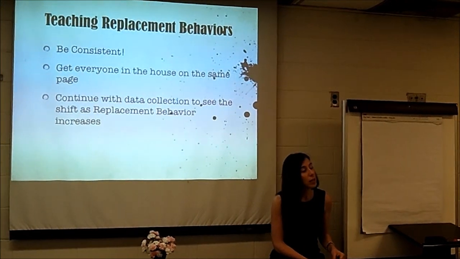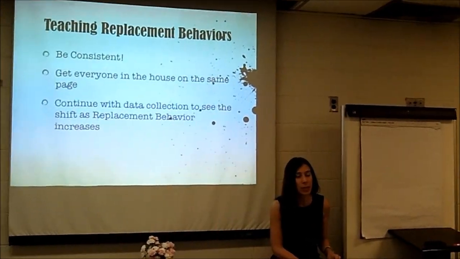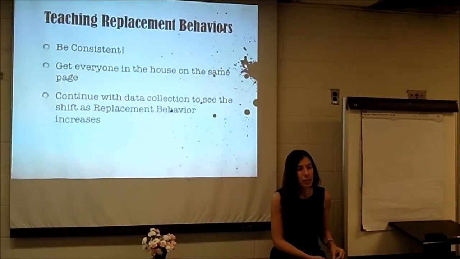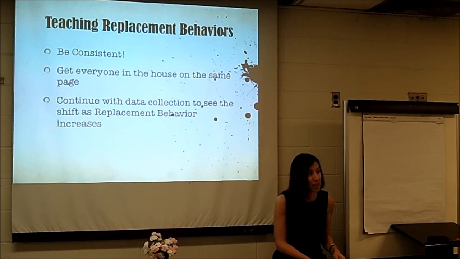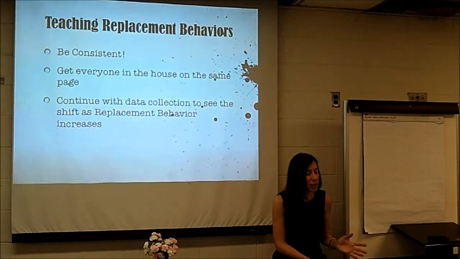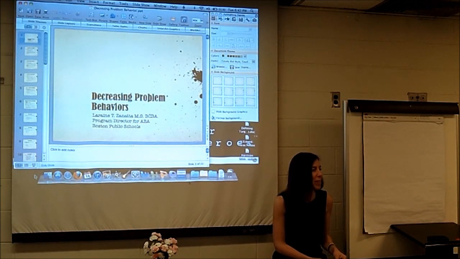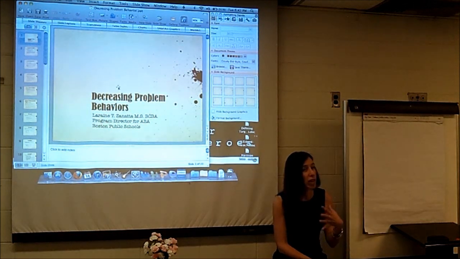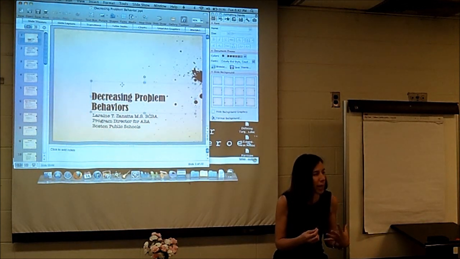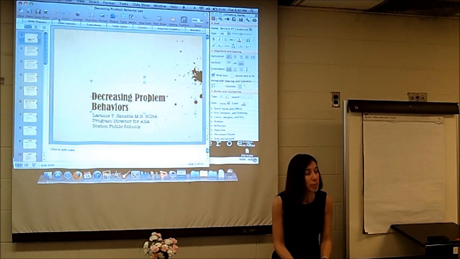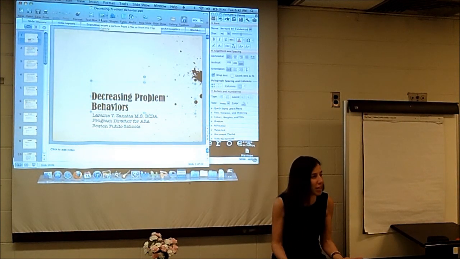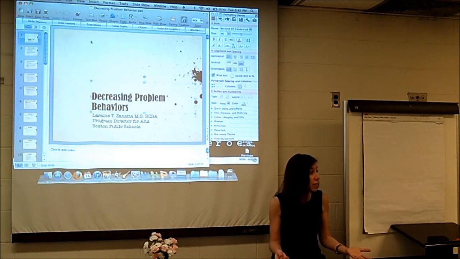I saw that. And so when we're talking about elopement, it is, I would say, typically maintained by attention. Okay, it can be maintained by anything, right? But in a lot of cases I've seen, the child likes that chase of people coming after them, and so it does make it hard to decrease when you're worried about their safety, right?